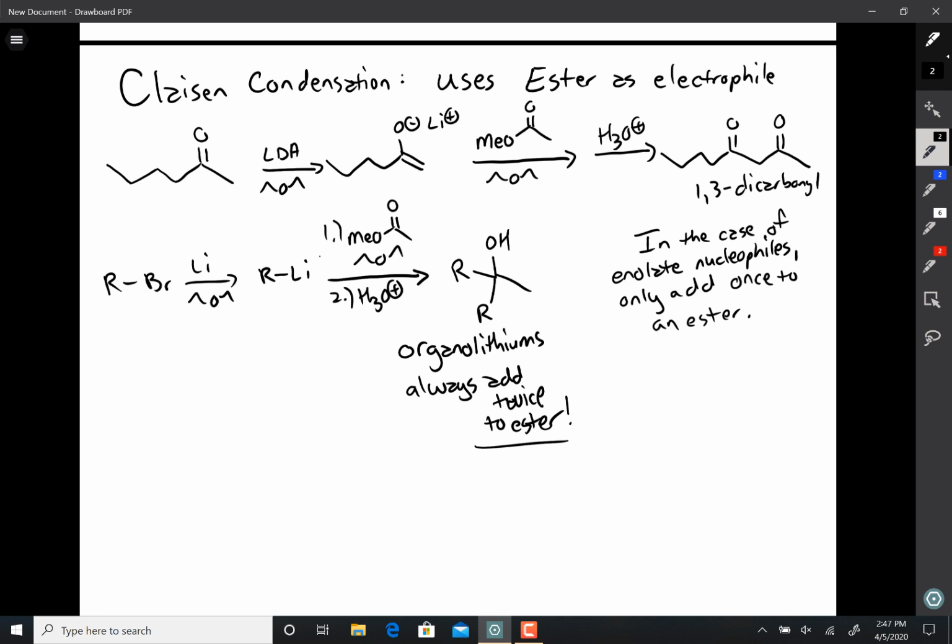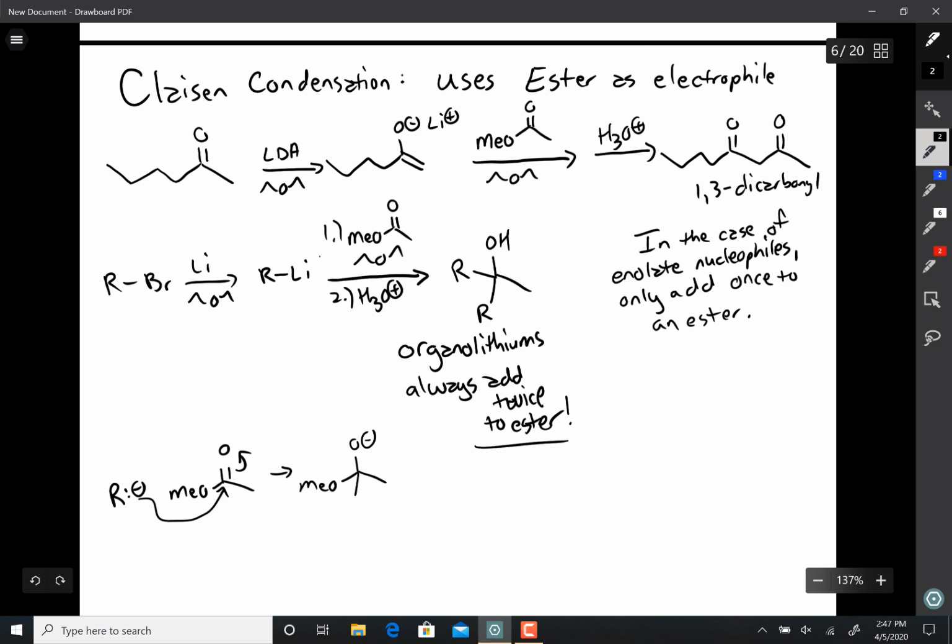Keep in mind the organolithium mechanism: your nucleophile adds, electrons go up, and your electrons come back down and kick off the OMe, creating a ketone, and ketones are more reactive than esters.